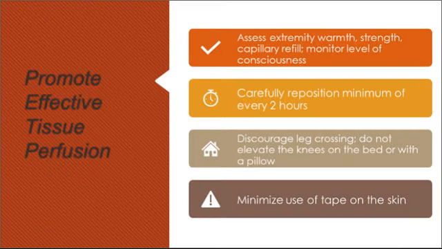Promote effective tissue perfusion: assess extremities for warmth, strength, capillary refill, level of consciousness, reposition every 2 hours, and discourage leg crossing. Do not elevate the knee of the bed because you obstruct blood flow that way. Minimize use of tape on the skin to promote tissue perfusion and intactness.